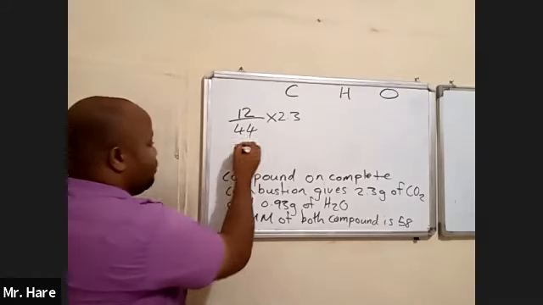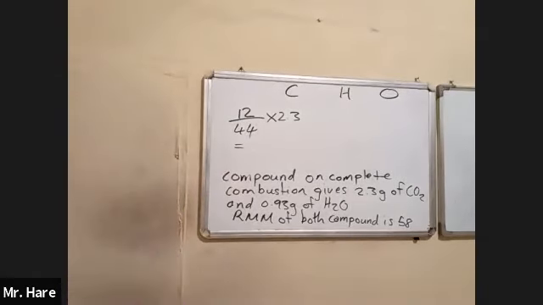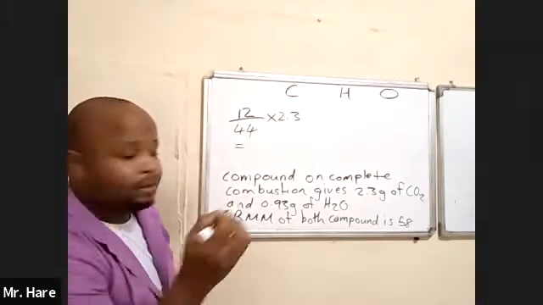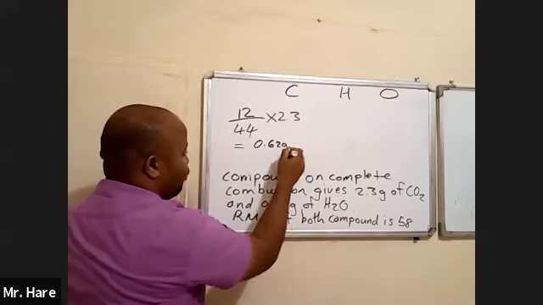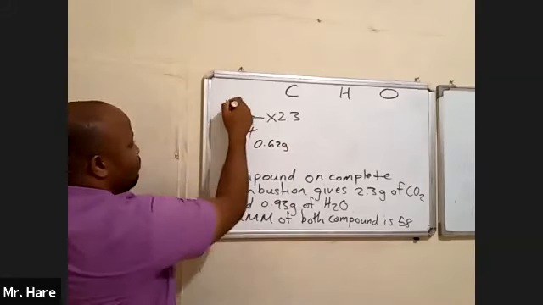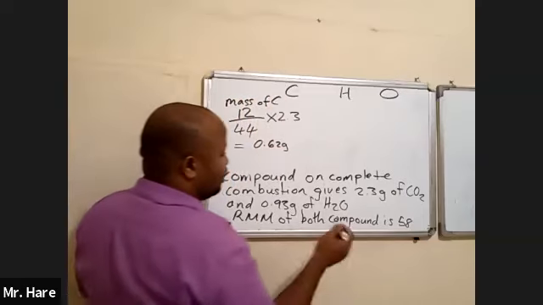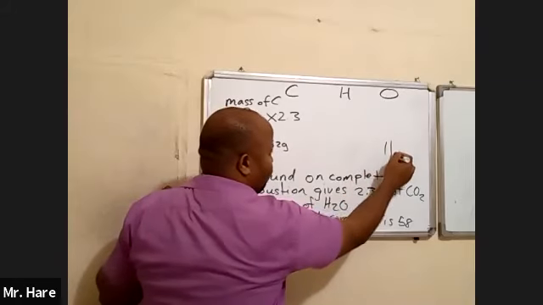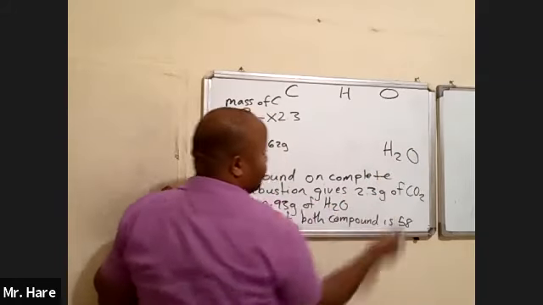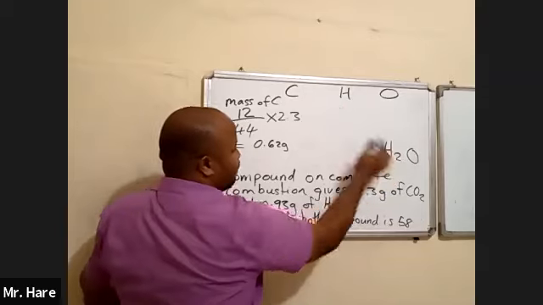All right, and if you do that, you should get 0.62. How much? 0.62. All right, 0.62 grams. So this is the mass of carbon. To get the mass of hydrogen, the formula for water is H2O, so we have 2 hydrogens present.